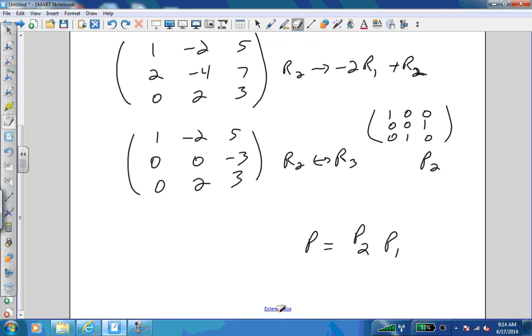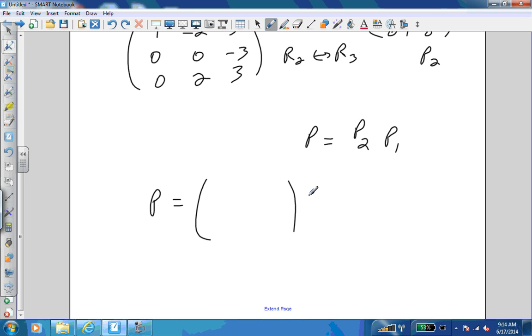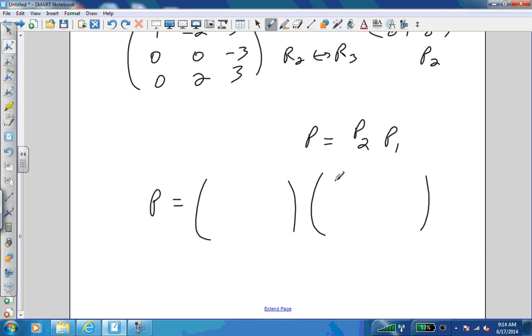So let's do that real quickly. So our permutation matrix. The first permutation, we swapped rows 1 and 3. Our second permutation, we swapped rows 2 and 3.